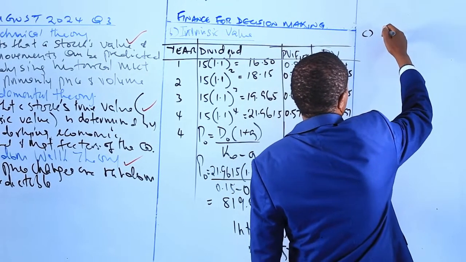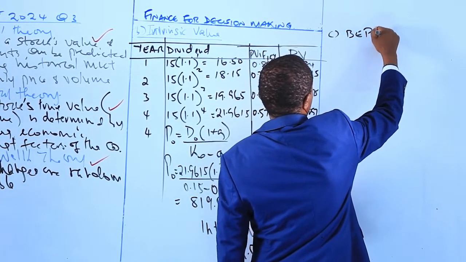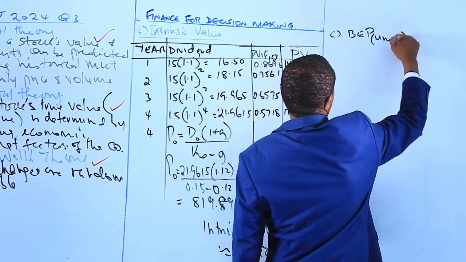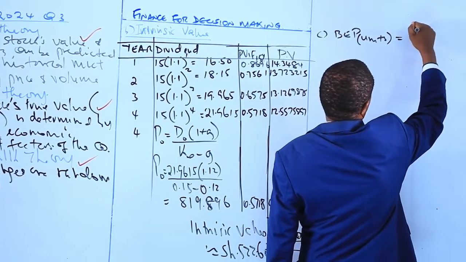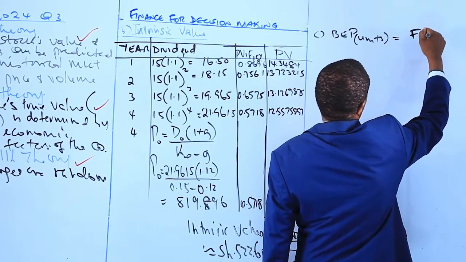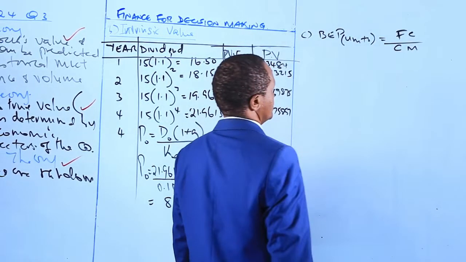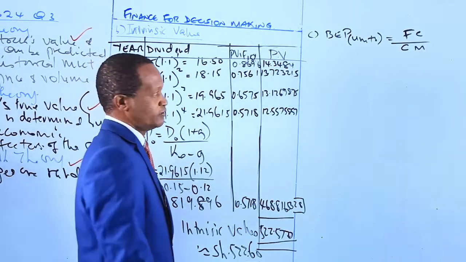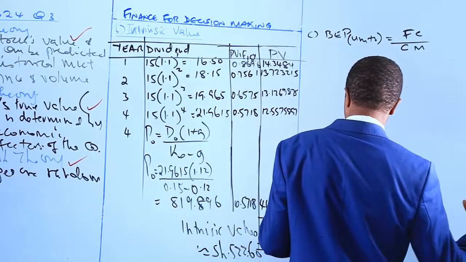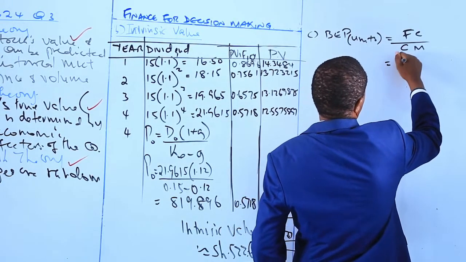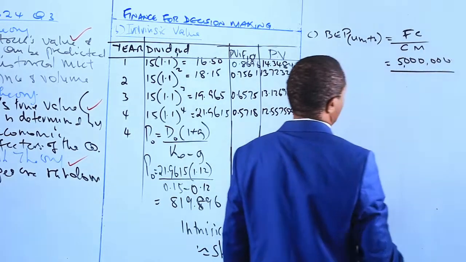We are to calculate the break-even point in units. We know the formula is fixed cost over contribution margin. What is the fixed cost in this question? 5 million shillings. What is the contribution margin?